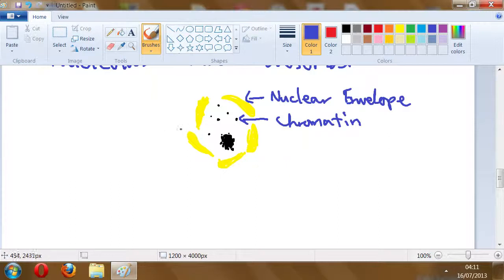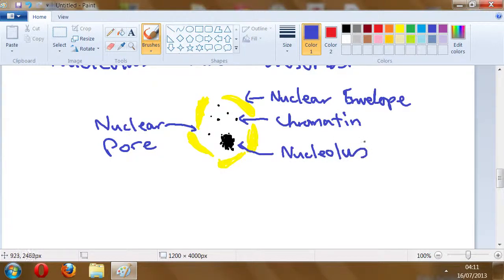So I suppose I just write, this is a pore, showing the porous structure, and of course the nucleolus. Great.